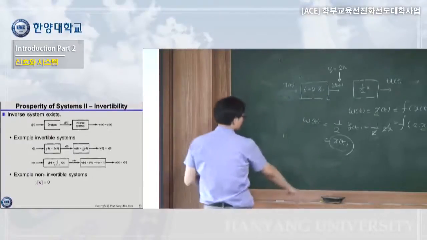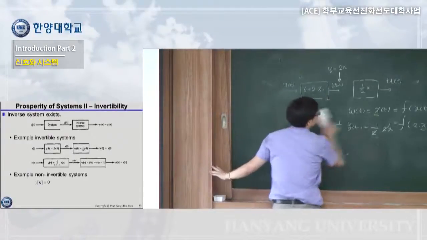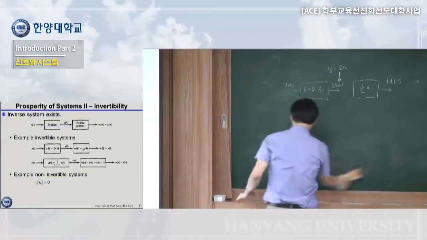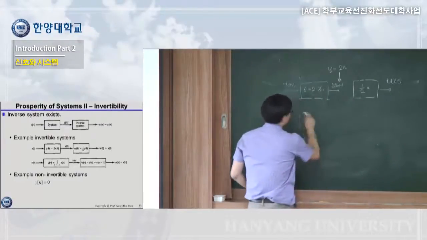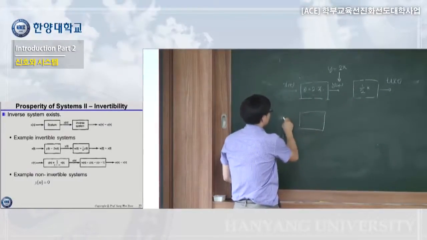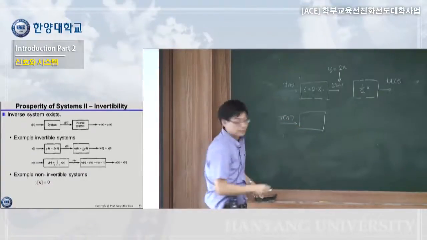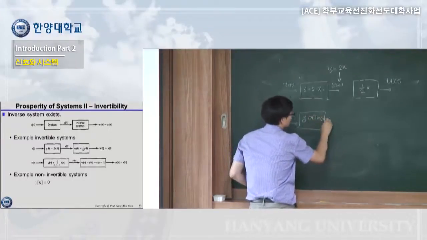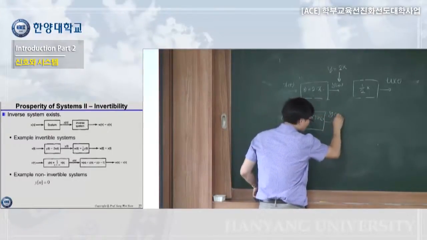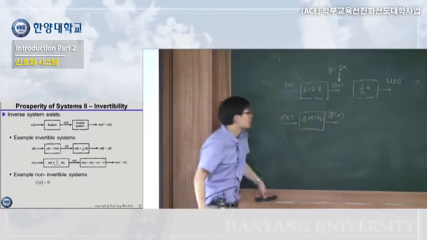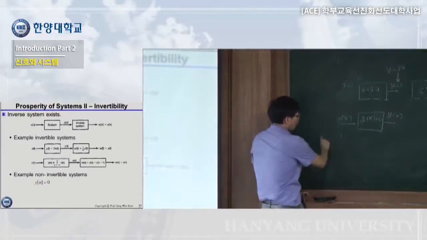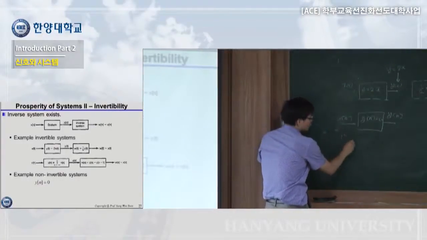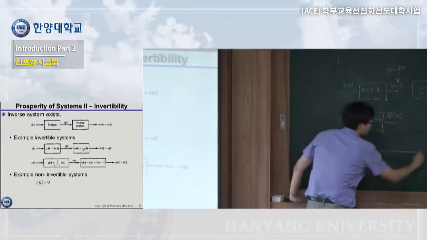What will be the example? If the system is x[n], where n is discrete time, y equals 0. In this system, whatever input you apply, the output is always 0.